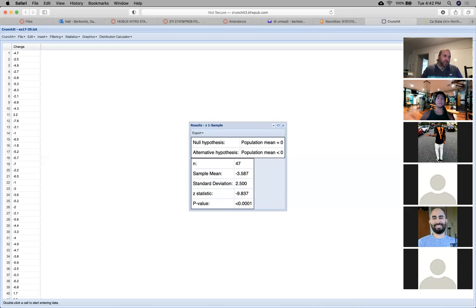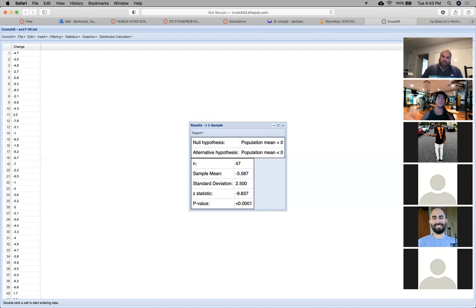The likelihood of it occurring, if the mean really was 0, is so small that the only reasonable conclusion that I can make is what about the mean? That it's not 0, more specifically, that it's less than 0.